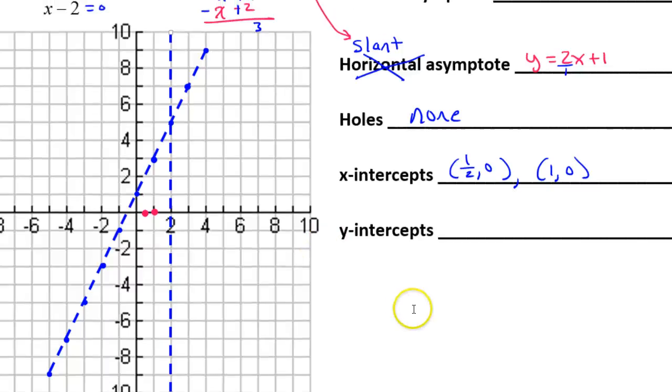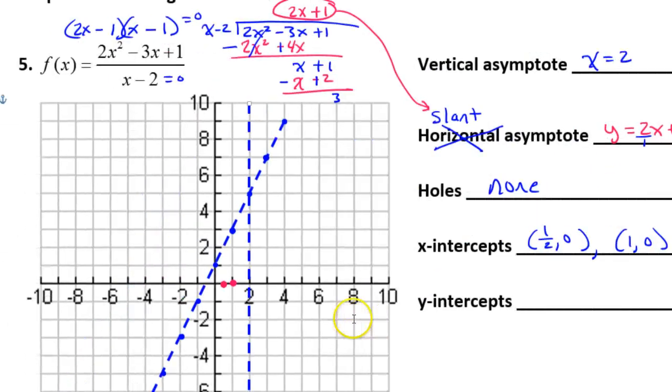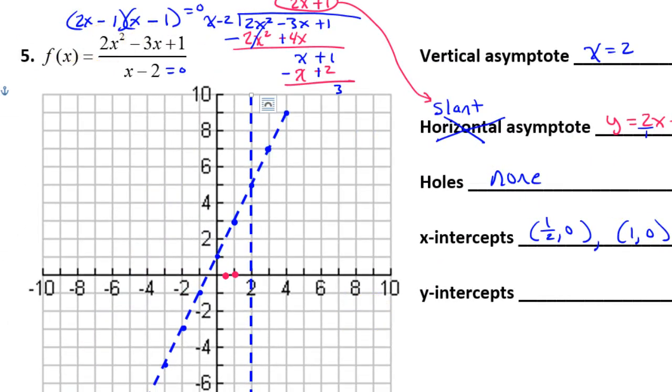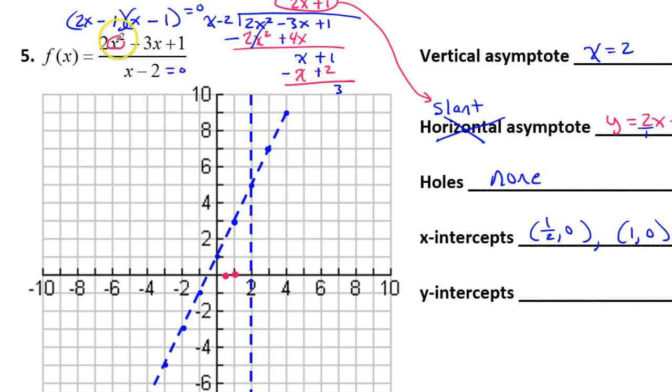Okay, so how about the y-intercept? To find the y-intercept, we let x equal 0. So that's what I'm going to do. If I let x be 0 here, that's going to wipe out this term. If this x is 0, that wipes out this. So all I'm really going to have left for my y-intercept is 1 over negative 2.